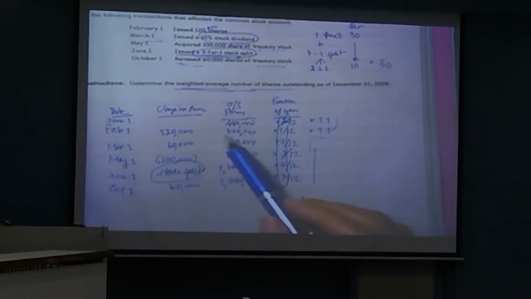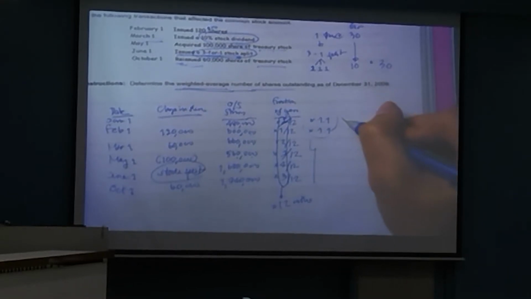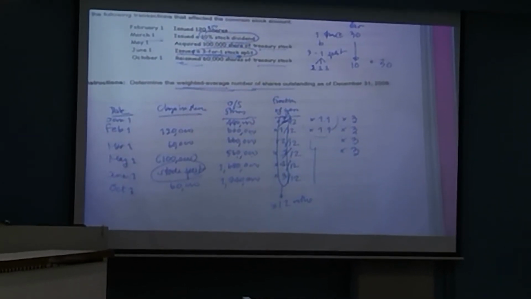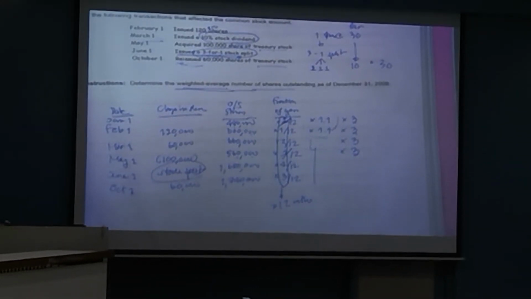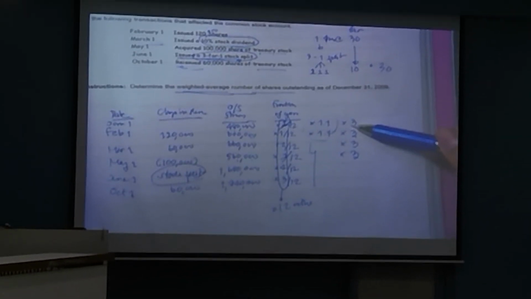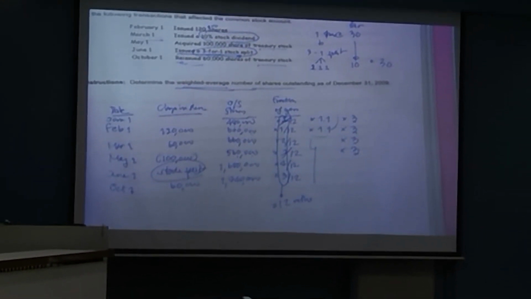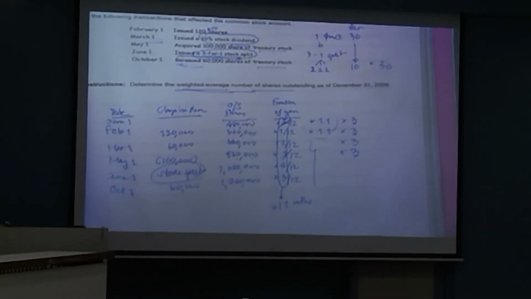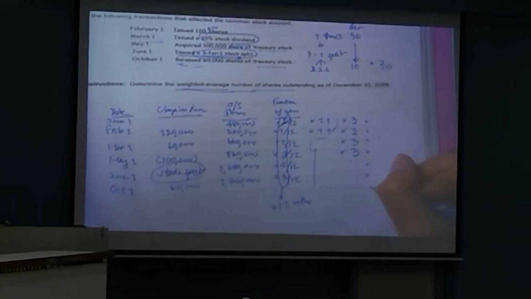So for 480,000 shares, you need to multiply by 3, by 3, by 3, and by 3. We need to pretend just like the stock split happened at the beginning of the period. So that's why you need to multiply by 3 at the beginning across time. Then that's done for the number of shares outstanding in each particular period. And finally, you're going to get the answer of the weighted average.